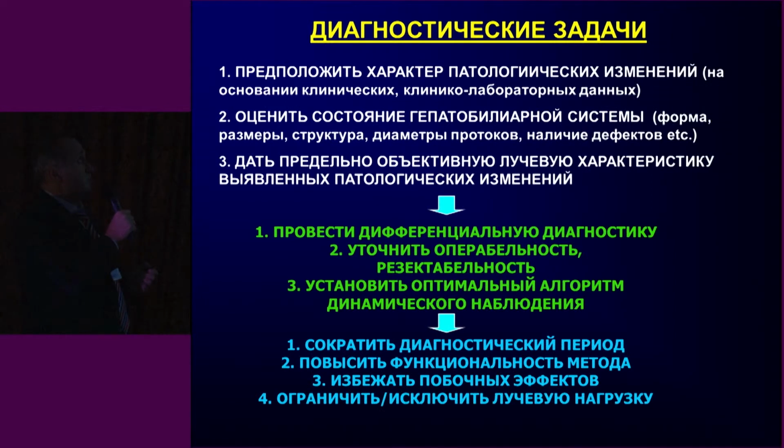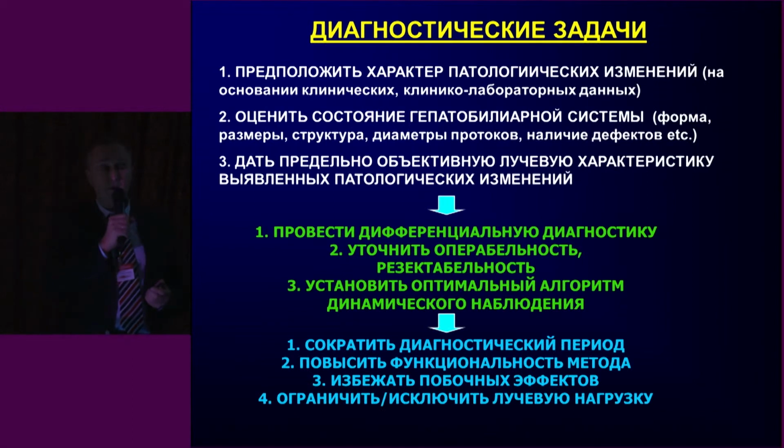They first of all should, after we assume the type of the pathology, provide, and after we assess the hepatobiliary system, we should, as objectively as possible, assess found pathological fluorography signs.